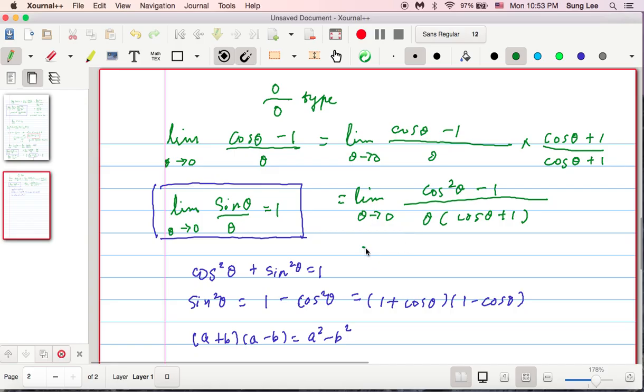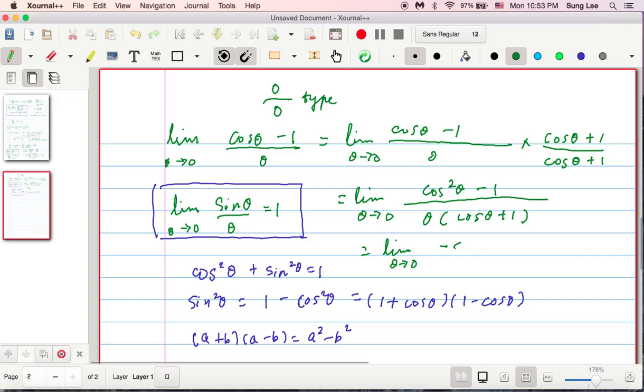Now, cosine squared theta minus 1, we know what it is from here: that's negative sine squared theta.